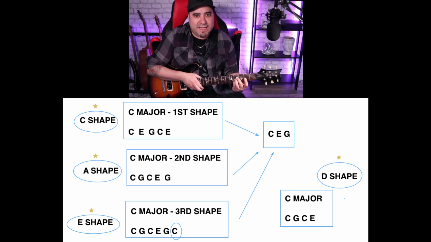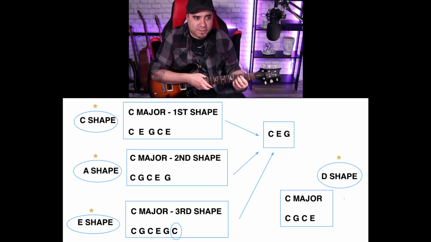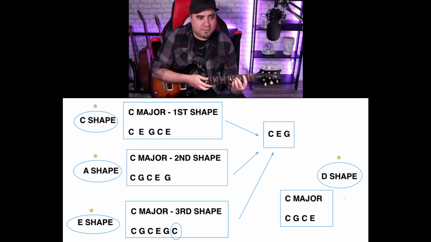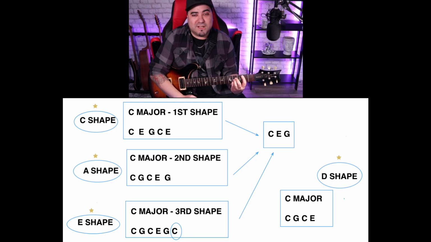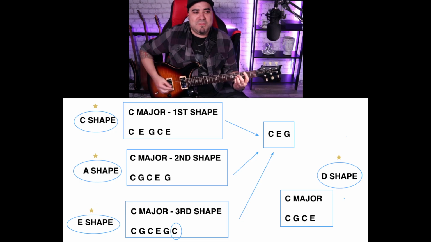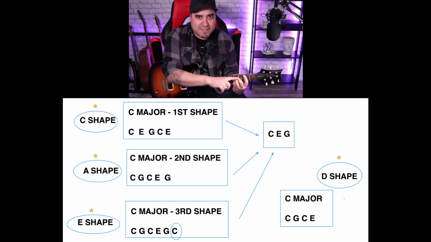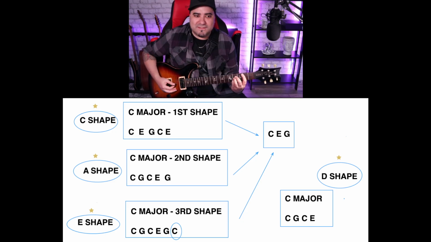I can easily see the A major shape. If I go here, my A major, replace the fingers, move these three fingers up to the fret 4, and then bar the fret 2. That's my B major chord, now played using the A shape.